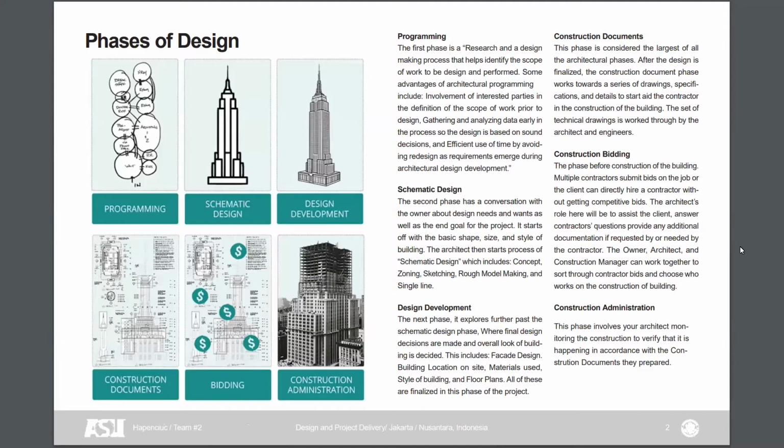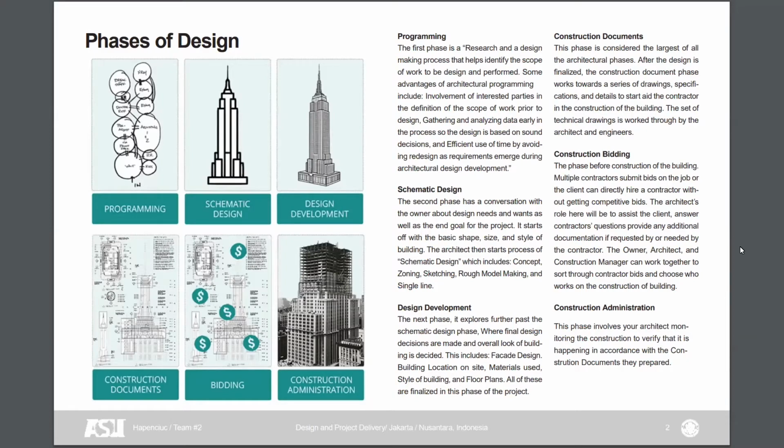You have your programming, which is more so research and development, where they compare and analyze the data early on, which then transitions into the schematic design phase, where they're with the owner and talk about the design needs and wants and the end goal of the project.